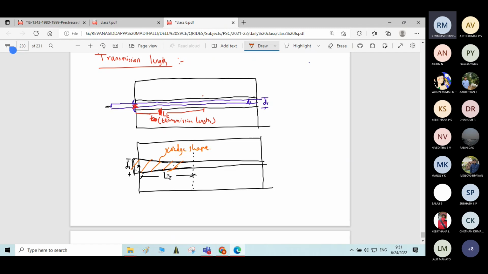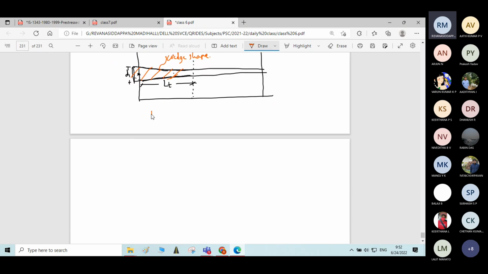This length is called transmission length, and it is determined by using the formula LT is equal to root of FCU into 10 power 3 divided by beta, where FCU is the cube strength of concrete at transfer, and beta is a constant.